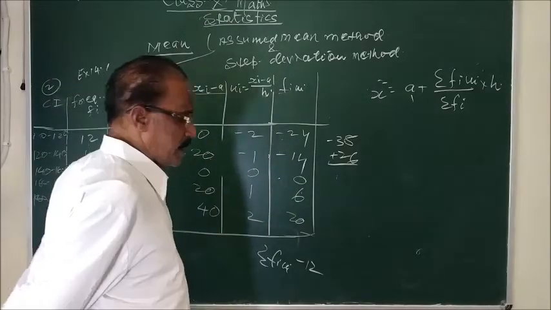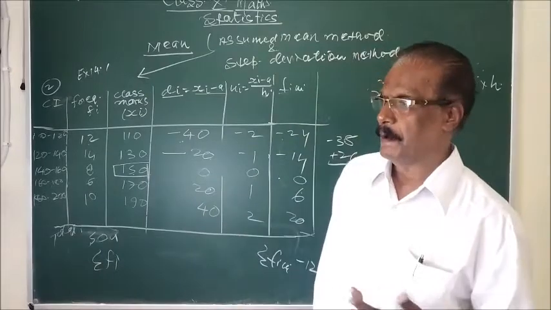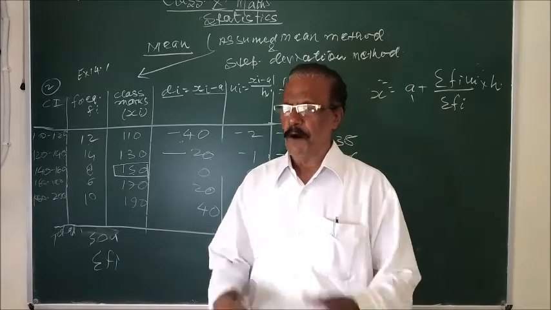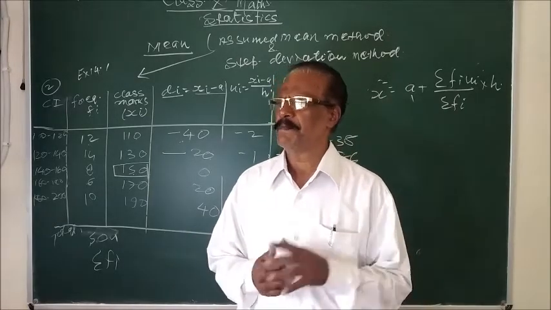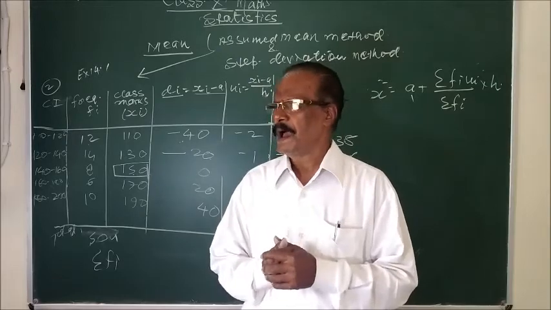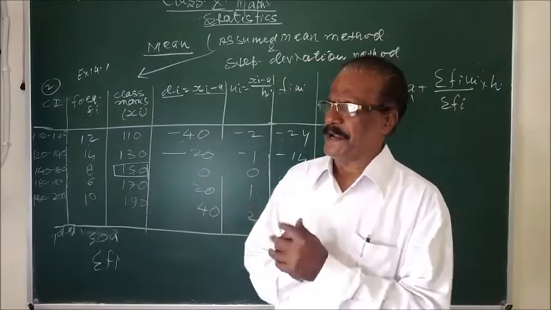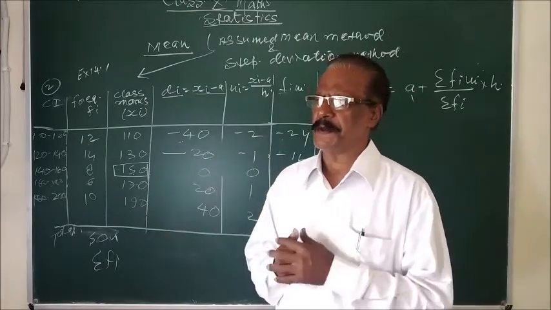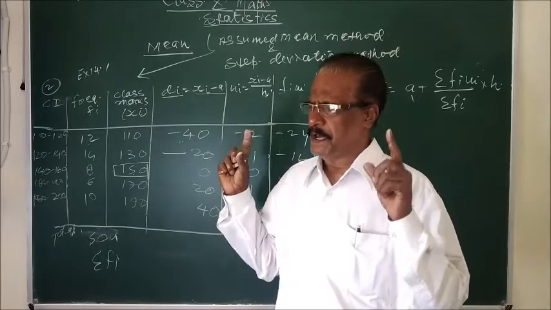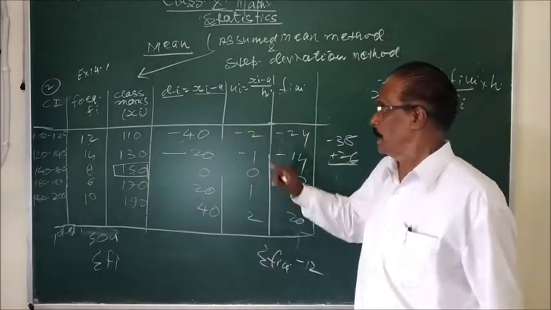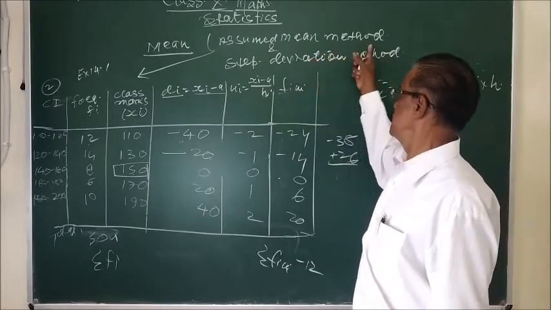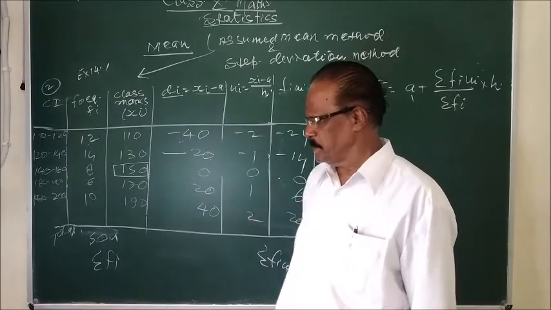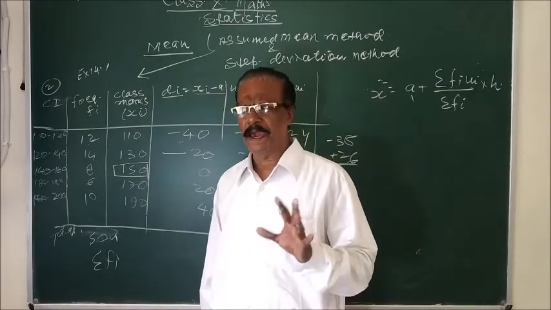So these three methods I would like to summarize for the mean. Mean, you know, is the sum of observations divided by the number of observations, that is mean in simple terms. For ungrouped data, that is it, and if data are grouped, you will use these three methods: direct method, assumed mean method, and step deviation method. Today I have explained assumed mean method and step deviation. This is an exercise problem, and you can solve by any method.